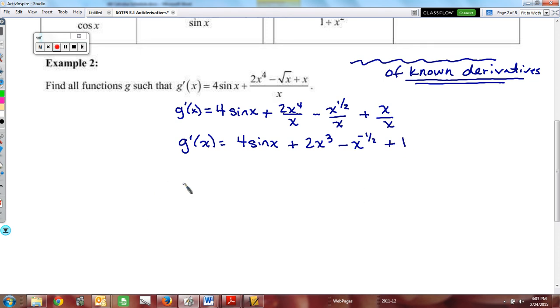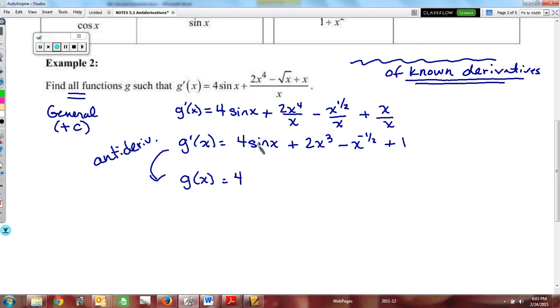And so when I go to take the antiderivative, and notice it says all, so this means we're finding general, so make sure you do your plus c. So g of x is the antiderivative, right? And the antiderivative of a constant times a function is the constant times the antiderivative.